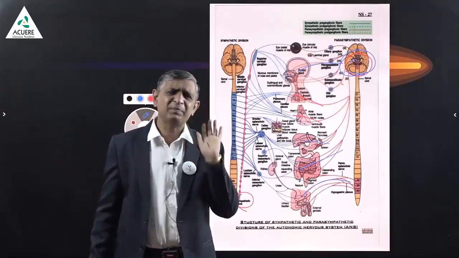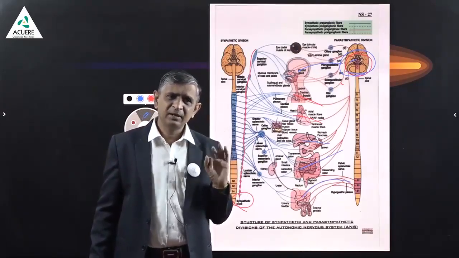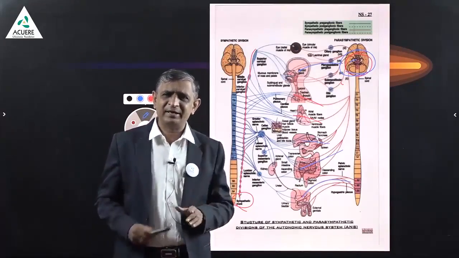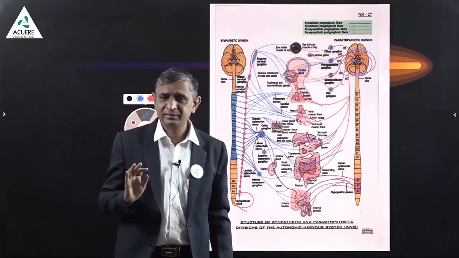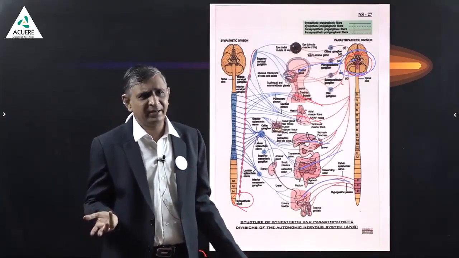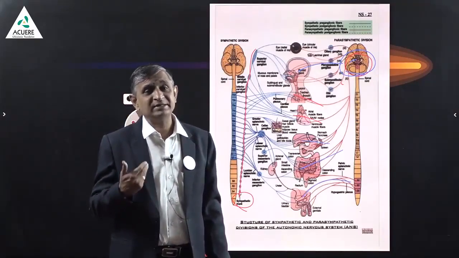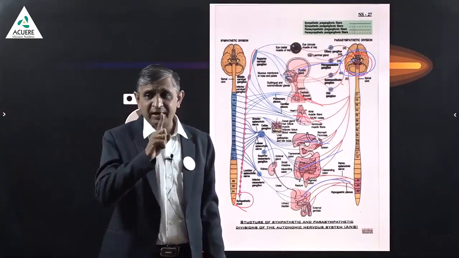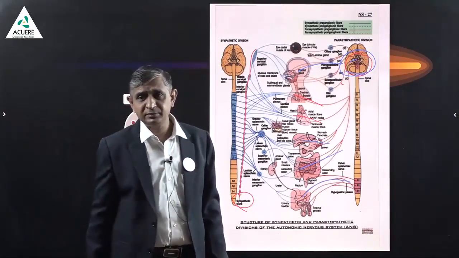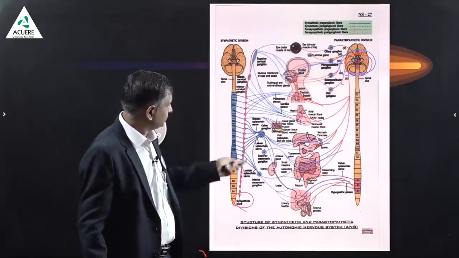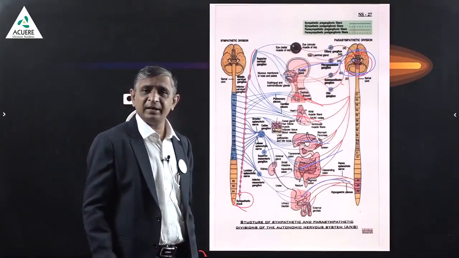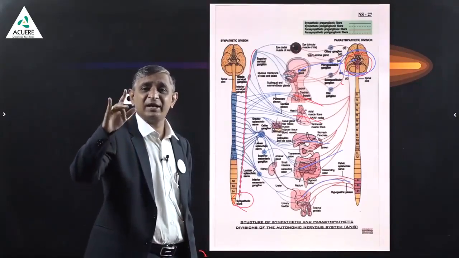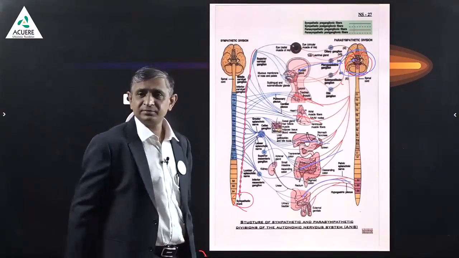We'll take the very simple example of the heart. One point you know is that adrenaline increases the heart rate. That is what everyone knows. Am I right? My dear students, this adrenaline is an adrenergic stimulant. Adrenaline is a sympathetic stimulant, it increases the heart rate.